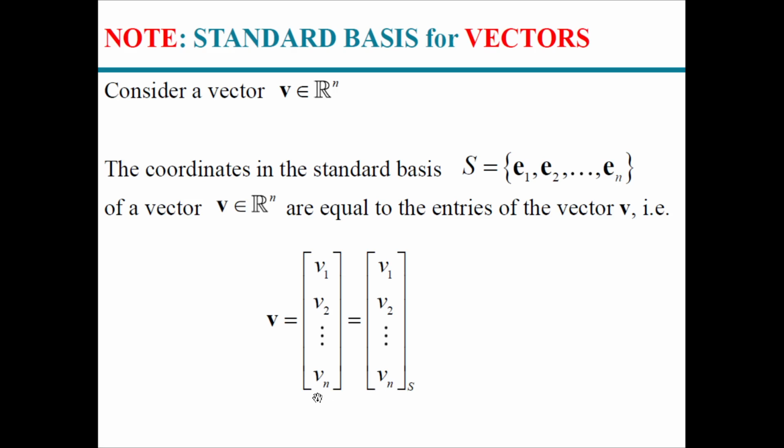So these two things, we can say they are equal, even though they represent different things, because this is a vector and this is another representation, a list of coordinates of a vector in the standard basis, but those two are equal. Okay, so this is good for vectors, and we are going to use this massively. And this is only good for the standard basis of Rn.